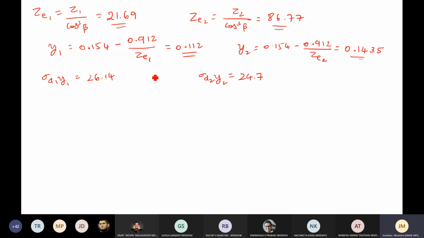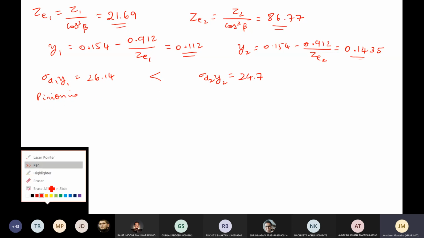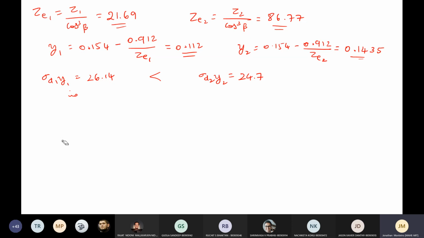Obviously this is lesser, so it is the gear that is weaker, not the pinion. So design for strength is based on the gear.